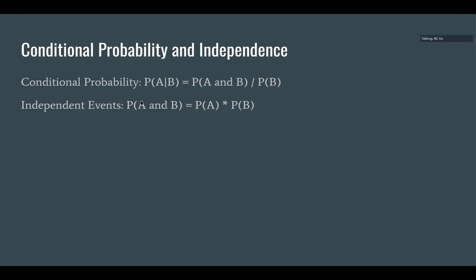And another one, events A and B are considered independent if the occurrence of one does not affect the probability of the other.